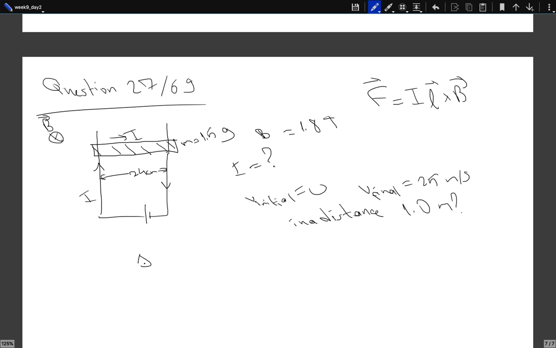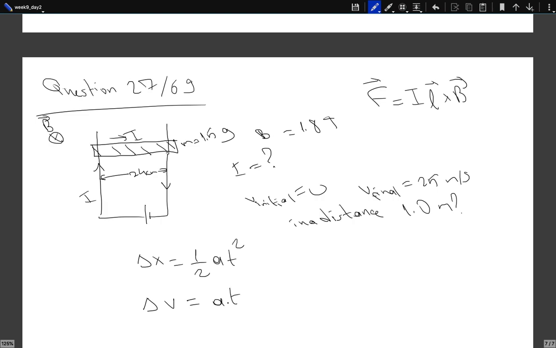Well, the distance it covers in a time t is just 1/2 a t squared. And what else do we know? We know that the change in the velocity in the same time is just a times t. I want to find the acceleration, so I should somehow get rid of the t. I know delta x, I know delta v. I should get rid of the t between these two equations.